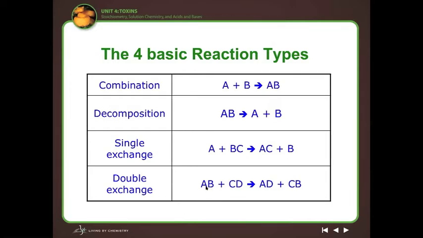Double exchange takes that 1 step further. A plus B and C and D together basically swap. And so A is now with D, and C is now with B. So we have multiple types. We have 4 basic types of reactions that we're learning now.